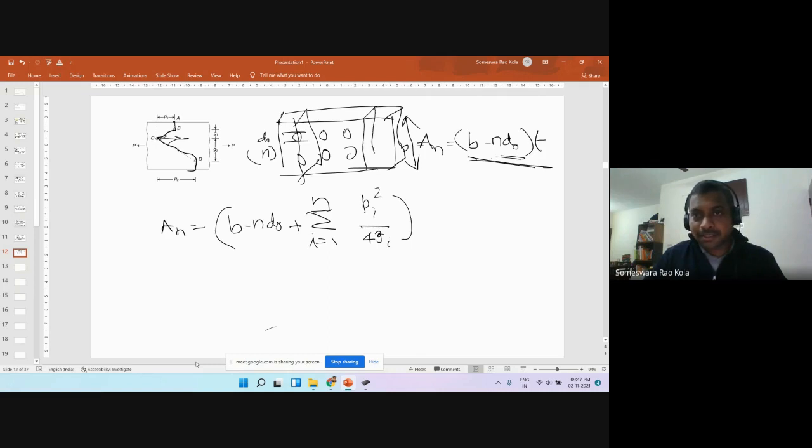Okay, now the section has simply yielded and then it started elongating like the specimen that you see in a uniaxial test. So in which case, we say that is the yield strength of the gross section.